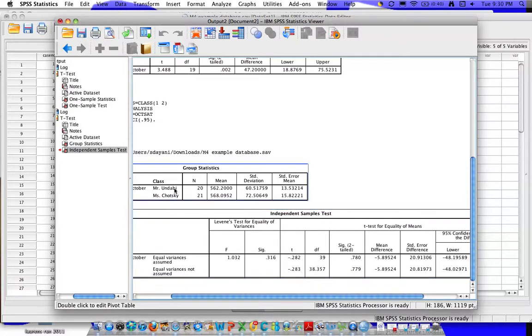Well, you have two variables here, so now it's going to be n minus 2. So you have 41 minus 2 is going to give you your df of 39. Right next to that, it says sig two-tailed, and that is your p-value. That's your significance value, which is 0.780. Remember, in order to be significant, it has to be less than 0.05. 0.78 is certainly not less than 0.05, so there is no significant difference between these two test scores.